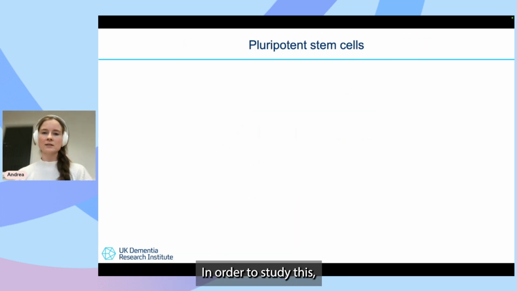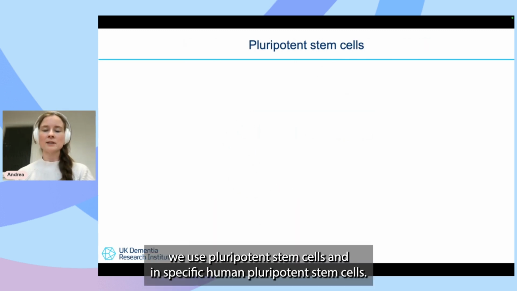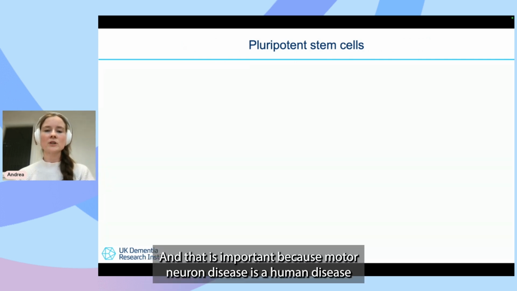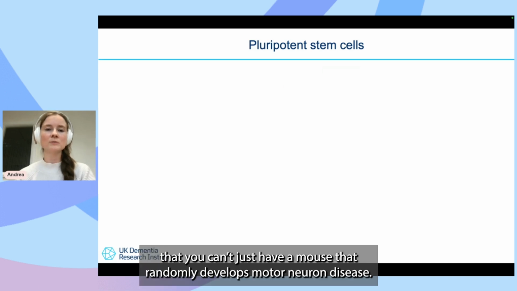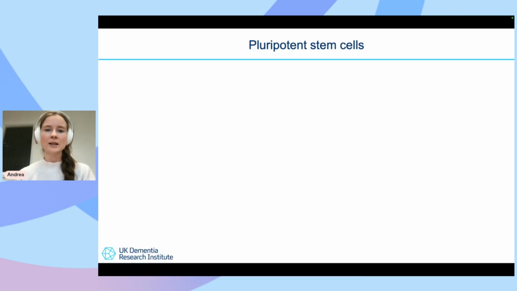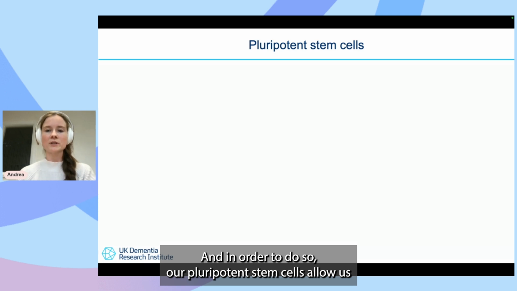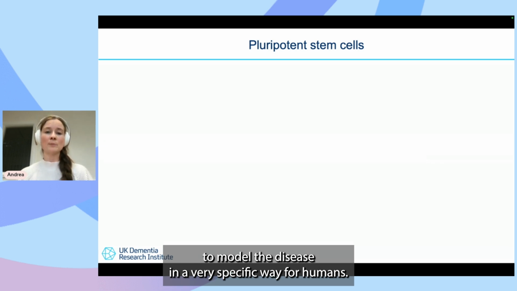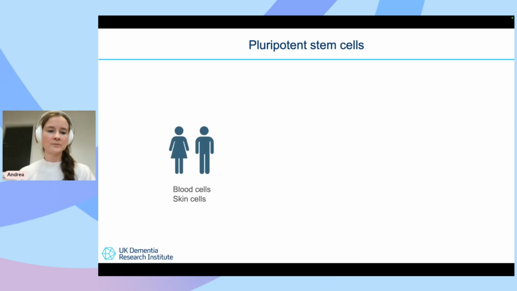In order to study this, we use pluripotent stem cells and in specific human pluripotent stem cells. And that is important because motor neuron disease is a human disease. You can't just have a mouse that randomly develops motor neuron disease. And in order to do so, pluripotent stem cells allow us to model the disease in a very specific way for humans.